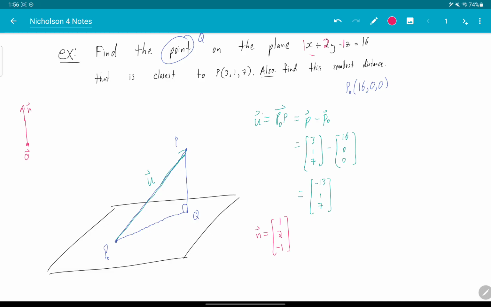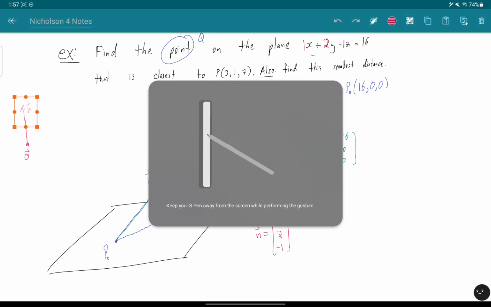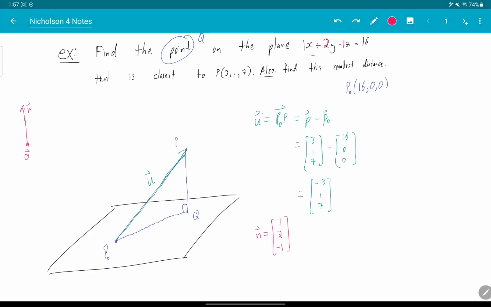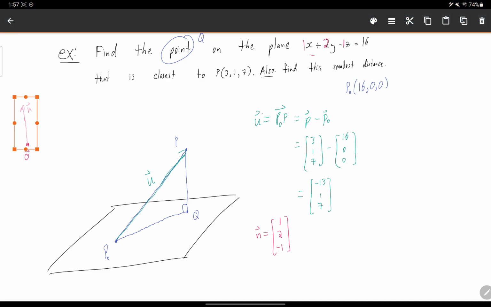Okay, so what we're going to do is take this normal vector, which is for now situated at the origin. We're going to grab it and move it to the point P naught. Oh dear, that's not what I want to do.